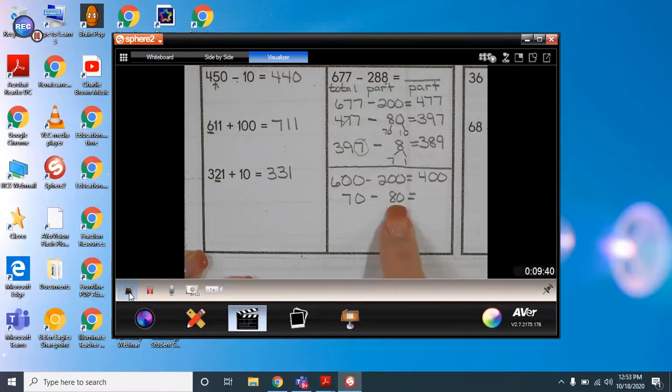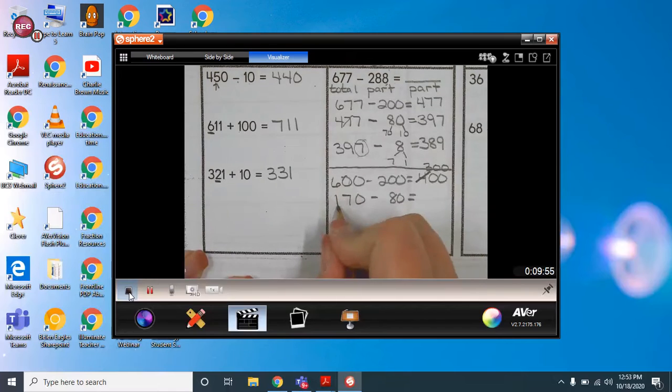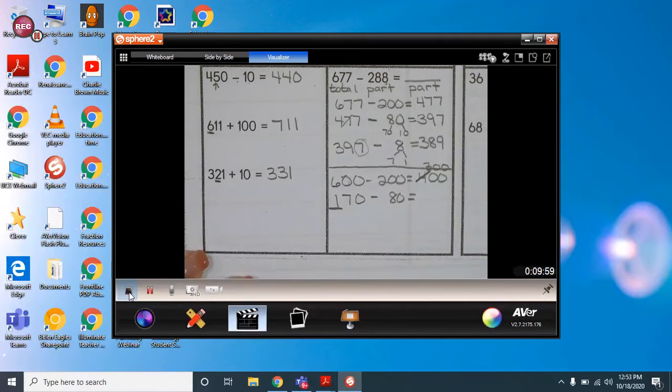Why do we need to borrow? Because in order for us to subtract 80 from this 70, we need to have enough to subtract. So we're going to borrow 100 from here, leaving us with 300s, and I'm going to regroup that here in my tens place.